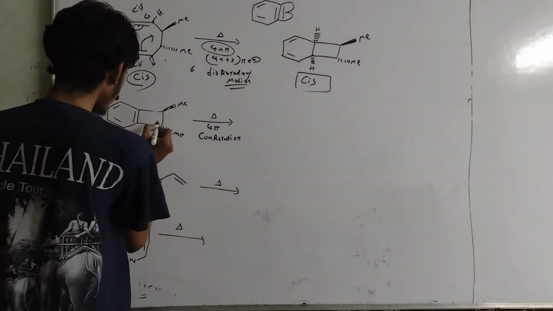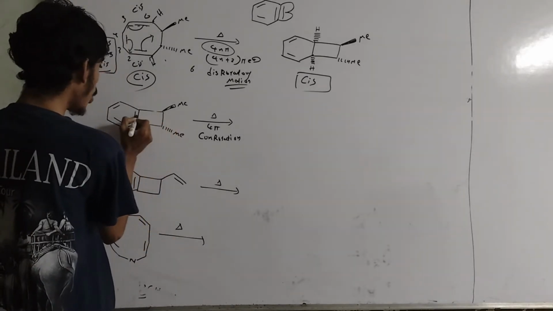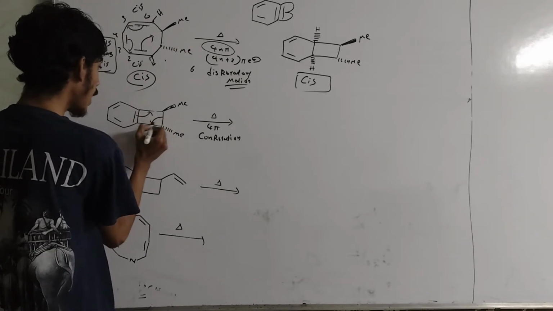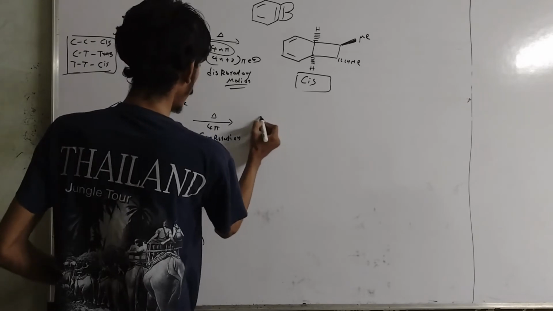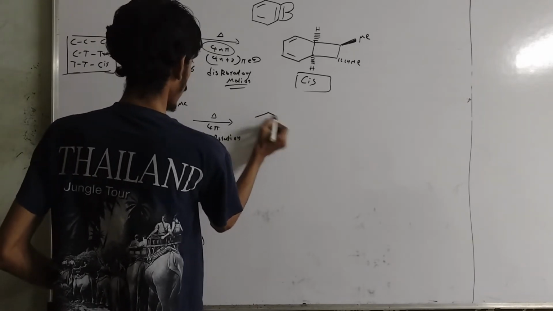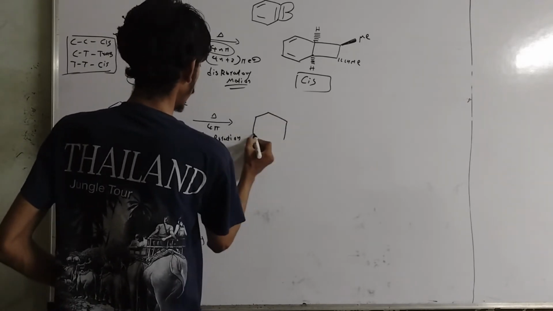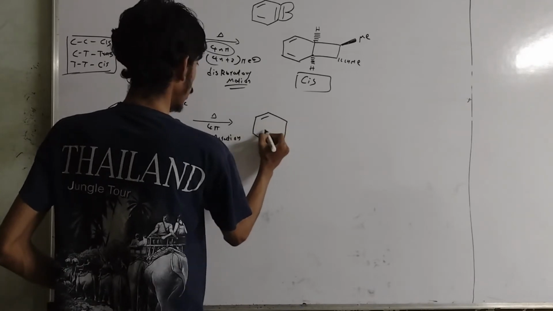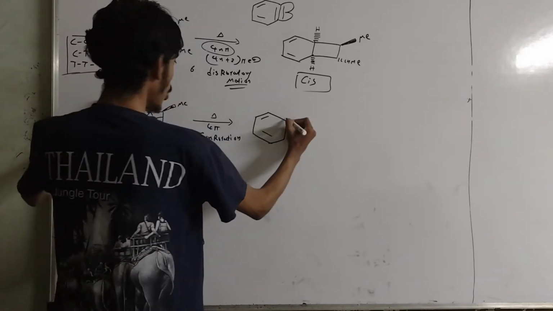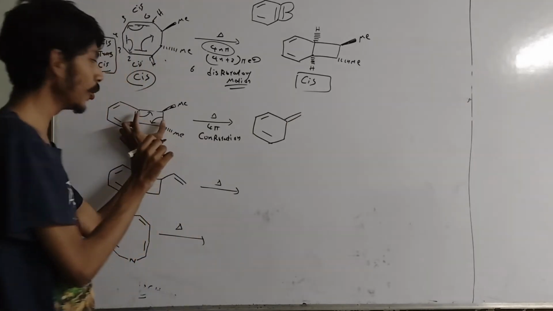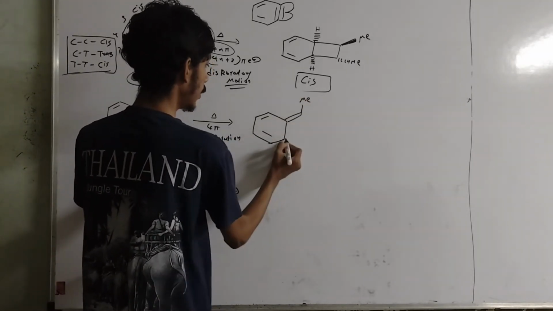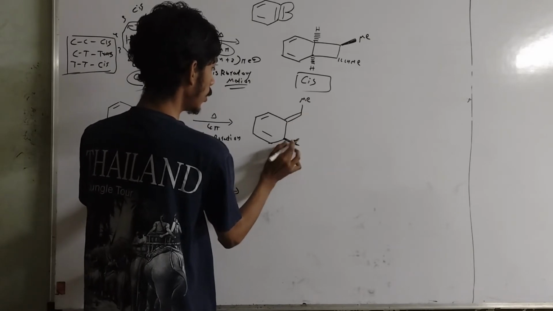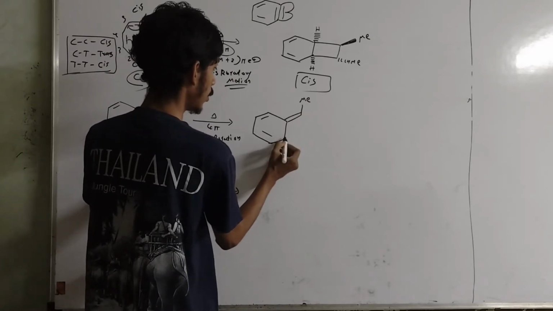So here this bond goes like this and this bond goes like this. So what will happen? Here double bonds are present, the ring is open, and here methyl, and here a double bond.